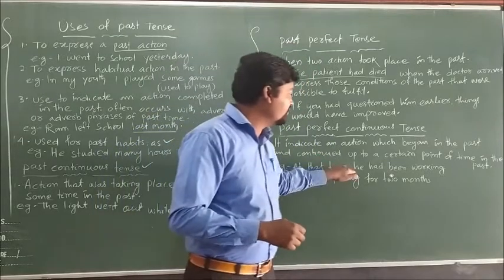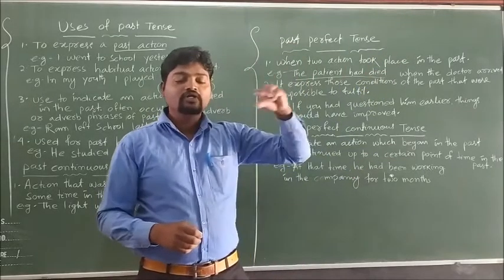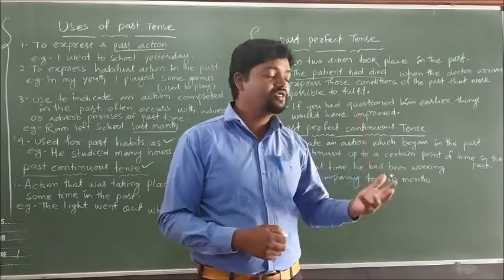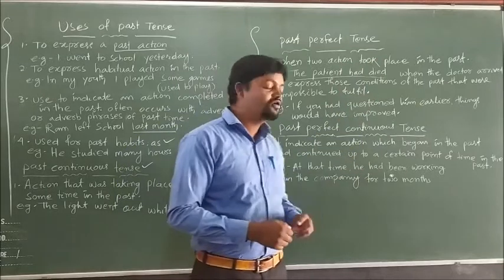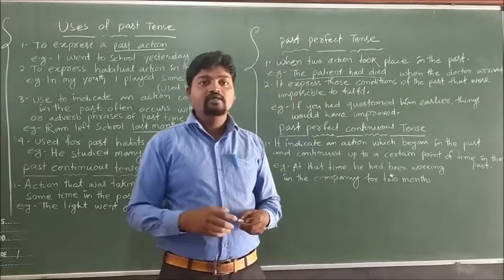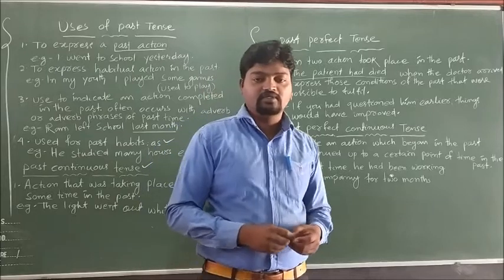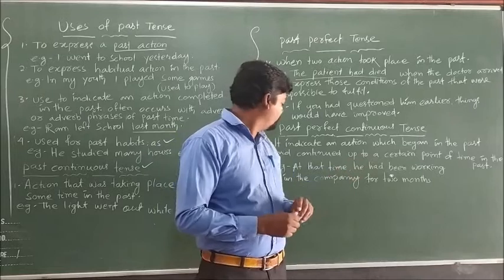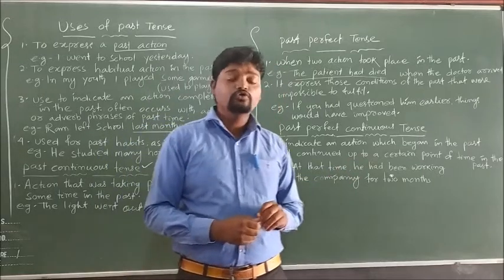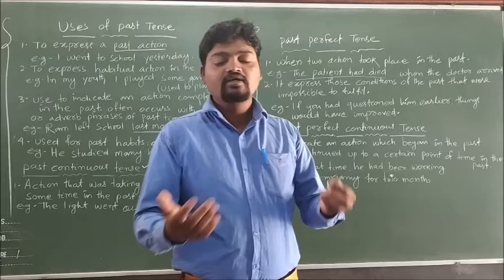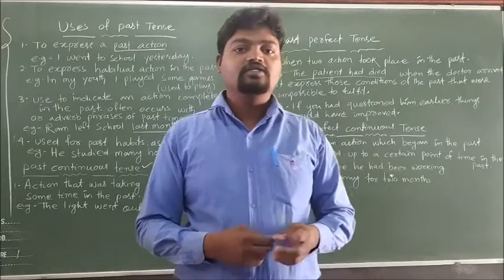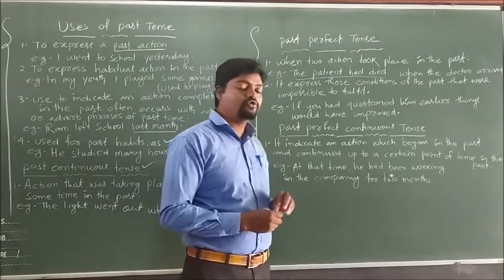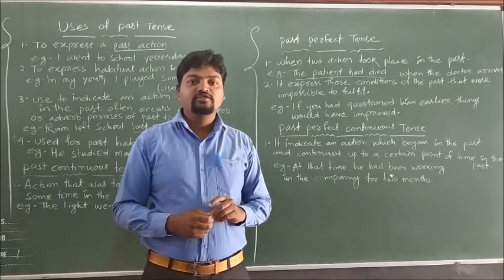He had been working, the friend whom you met in the past. What was he doing? He was working in a company, or maybe in a hospital, wherever it may be. At that time, he had been working in the company for 2 months, you may say, or maybe for 4 months, or maybe 10 months. In that scenario, we use past perfect continuous tense.